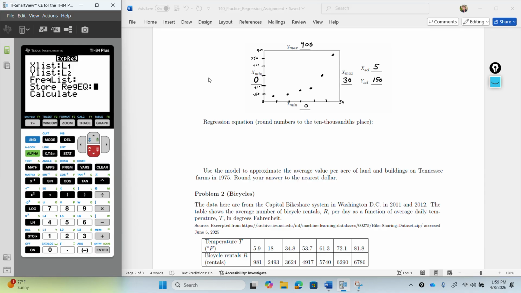Now, I'm going to get a regression equation, and I have the option to store it. So I'll go ahead and store it. I'm going to press Vars, scroll over to Y vars, and press Enter. Enter again. Enter again. And then I'm going to click on Calculate, so Enter again.